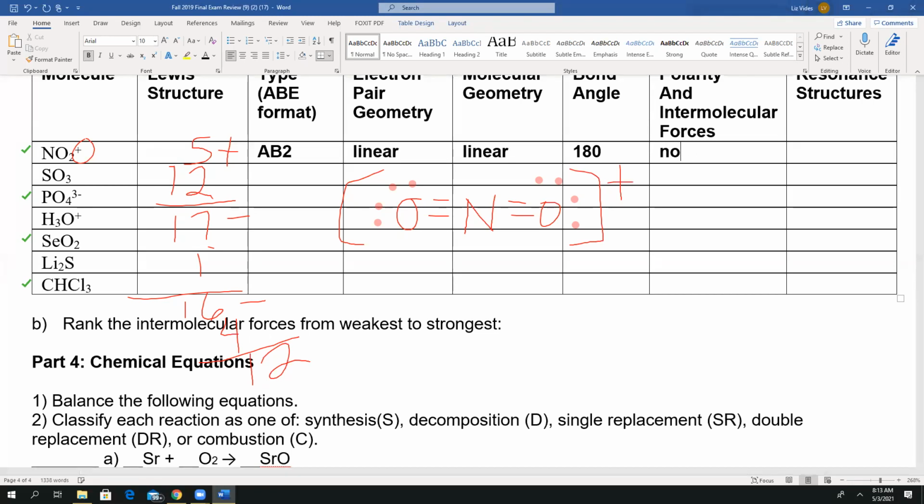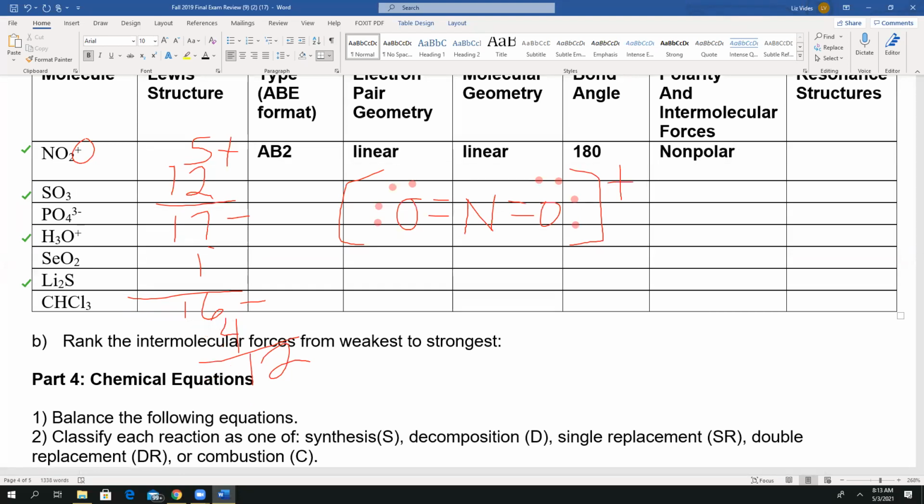Well, first of all, it's nonpolar. So that right there tells me that all I have is London dispersion forces. And we could also induce an ion dipole because we are charged, right? Do we have any resonance structures? No, we do not, because we have double bonds, but we have two, so they can't move around, can they? There's no other place they can go.